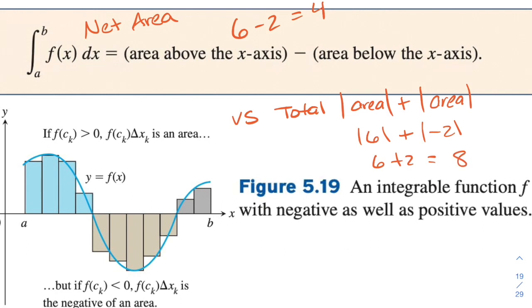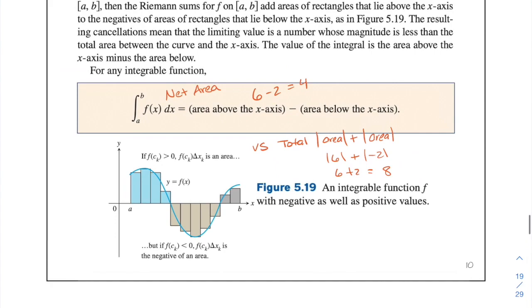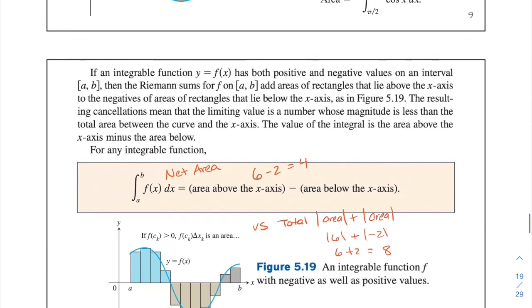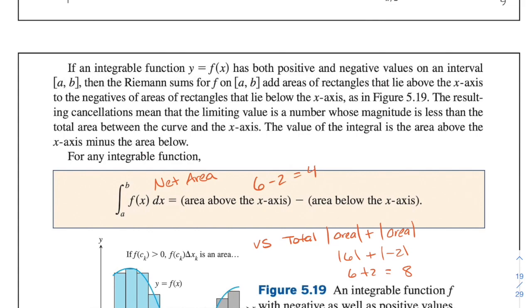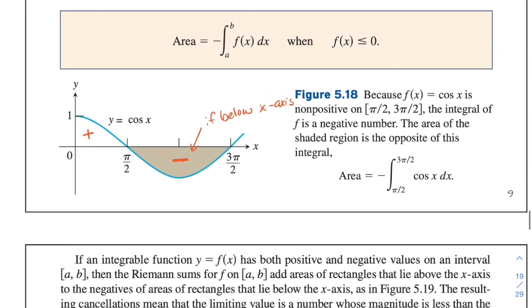So look at the difference. Your total area is 8, but your net area, when you add and subtract the 2, you get 4. Okay, so those are just some examples. Again, we will not be doing negative area for this lesson, but in the next chapter, we'll do net versus total. Okay.